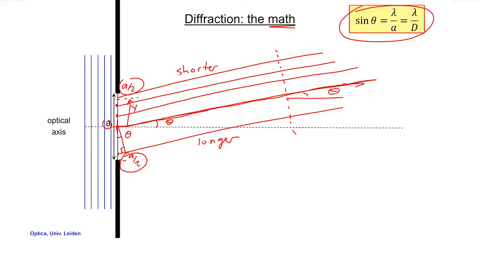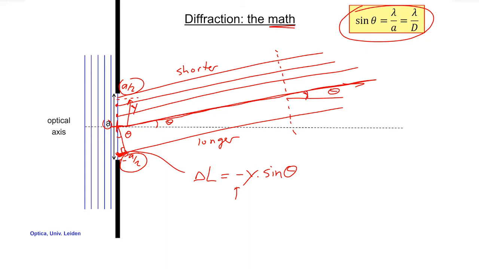And then you see that this path length difference, delta L, is minus y times sine theta. I say minus here, not that relevant. It's related to definitions. It's because you have to go to negative y's, to positions below the center of the slit, to make the path length longer, if you call this a positive angle theta.